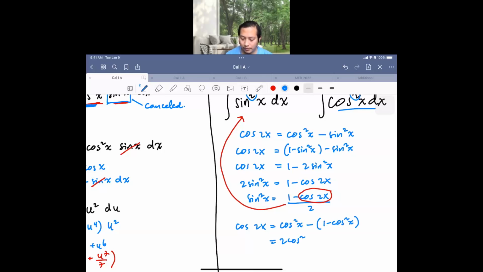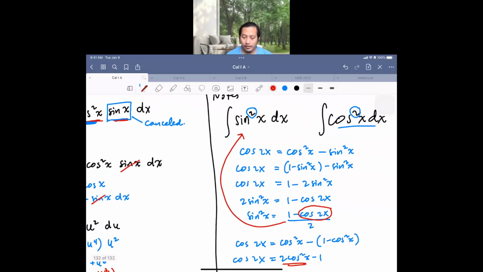So we will have this connection and we will have the cosine squared x from here. I hope it's very clear. From here you can integrate this sine squared x and cosine squared x. So whenever you find this squared in the trigonometric function, to solve the integral you need to use the double angle formula. Or you need to change the squared into the double angle.